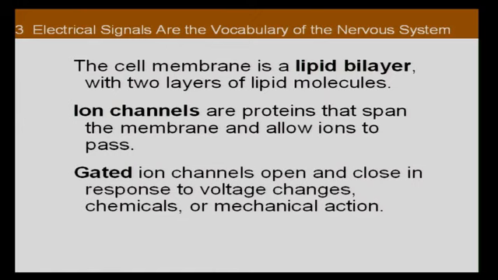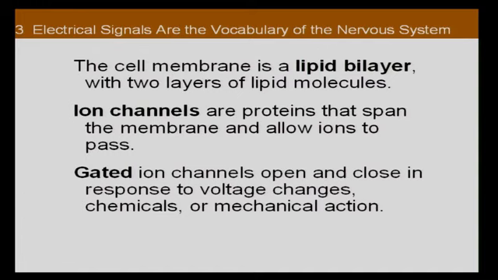But there are other specialized ion channels called gated ion channels. And these ion channels open and close in response to a voltage change. So at a particular voltage, they may be closed, and they only open if the voltage goes to a particular level, okay? So it's much more controlled, voltage-gated ion channels.